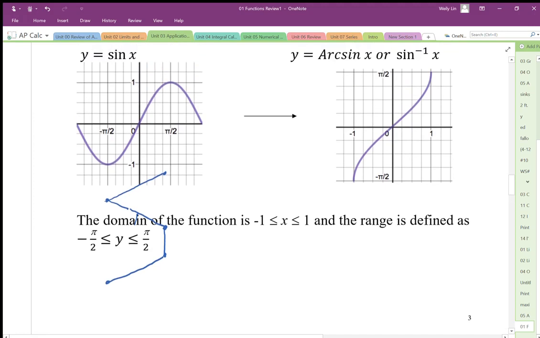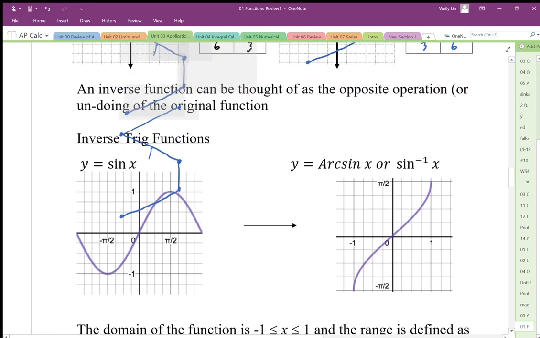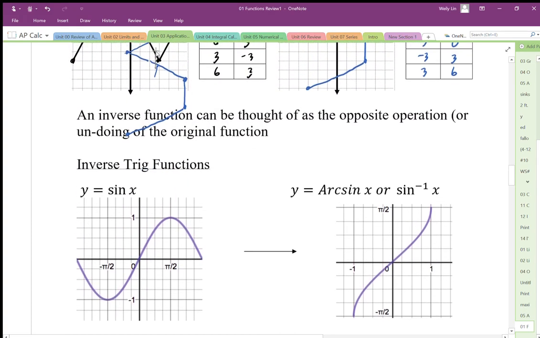Okay, I'm just going to grab that again, and lay this on top of the other function here.